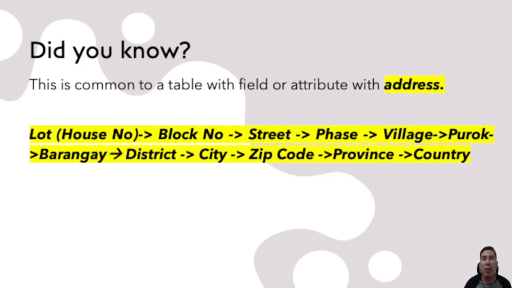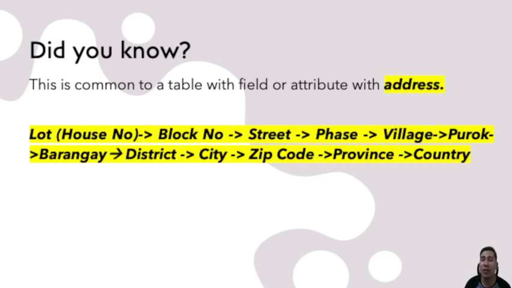That is why we are going to create a table for each of these fields. Lot number is going to repeat, block number is probably going to repeat. For street, for instance, we have Nara Street, we have Apple Street, and Nara Street can be used several times in different villages. Phase can be used in several villages.